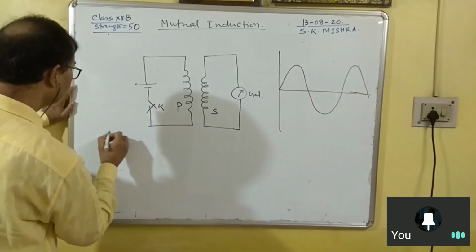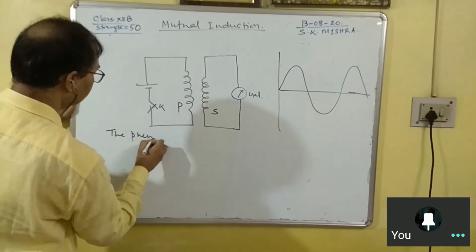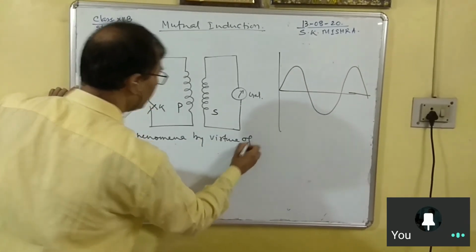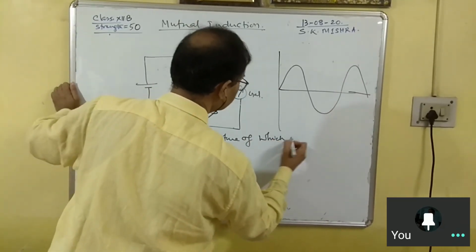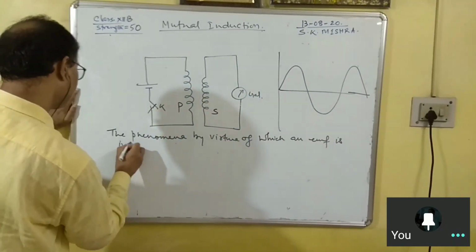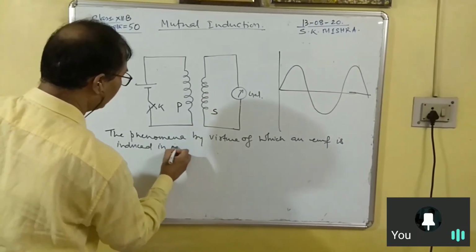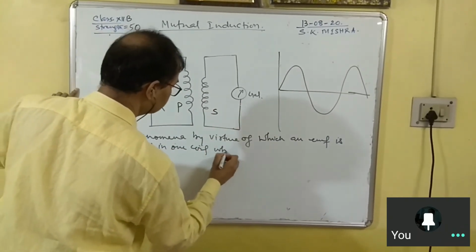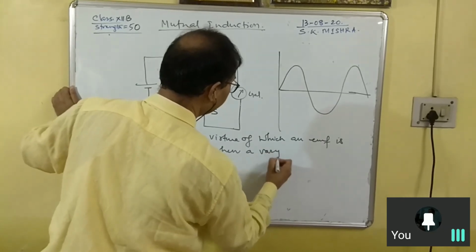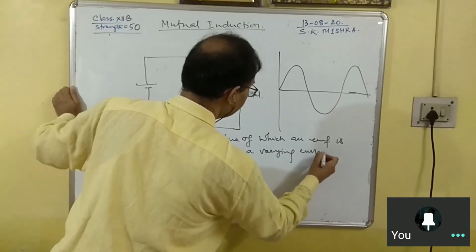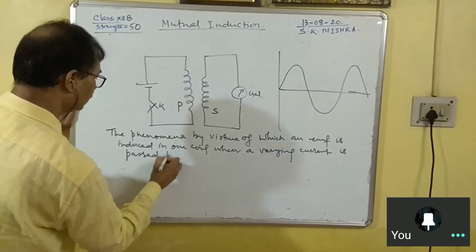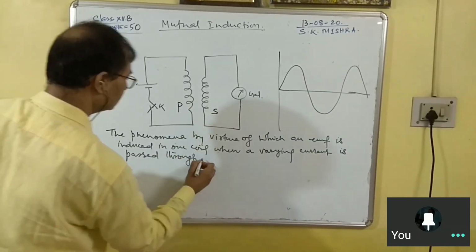Write down the definition. The phenomena by virtue of which an EMF is induced in one coil when a varying current is passed through its neighboring coil.